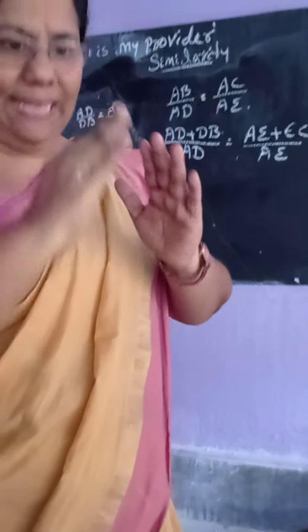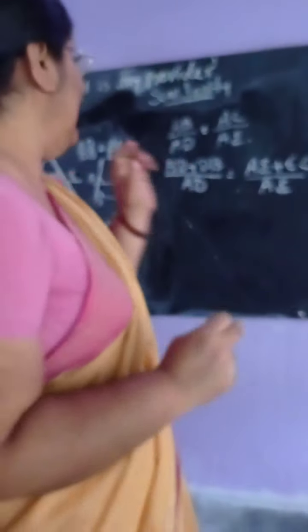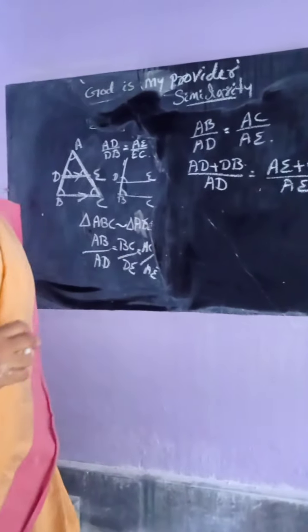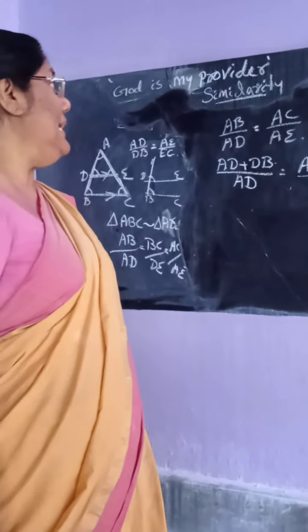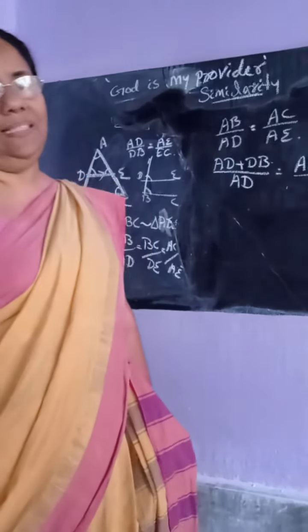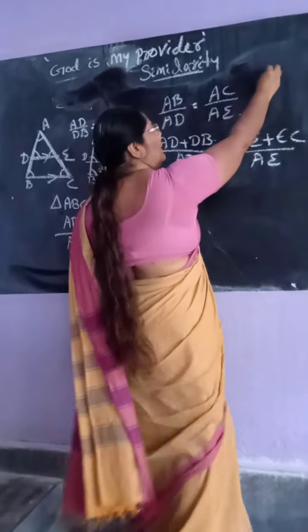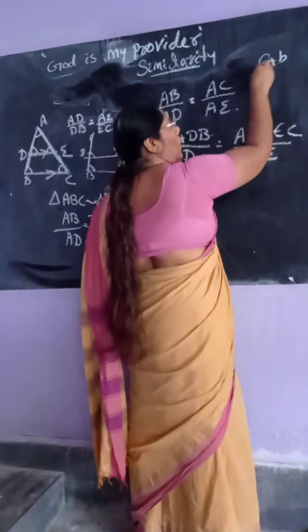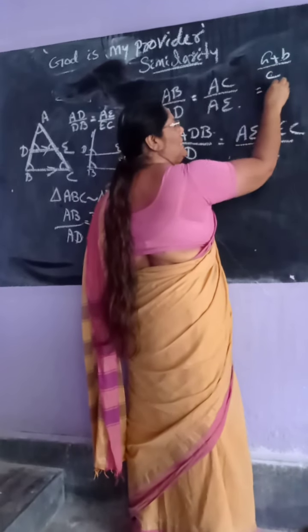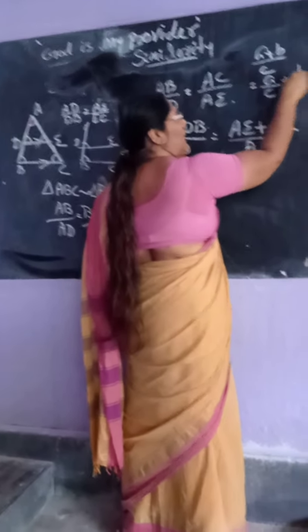We split that total line AB as AD plus DB and the second side AC as AE plus EC. Now in maths, A plus B the whole by C we can write as A by C plus B by C.